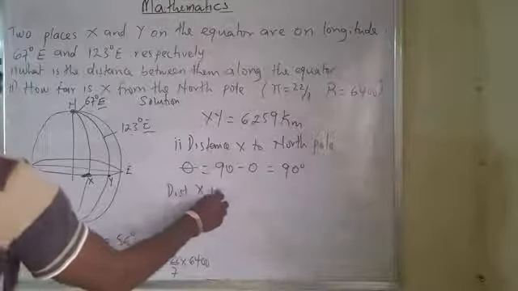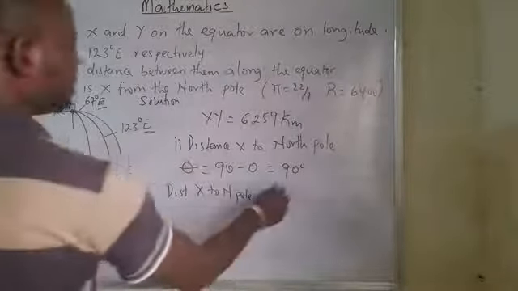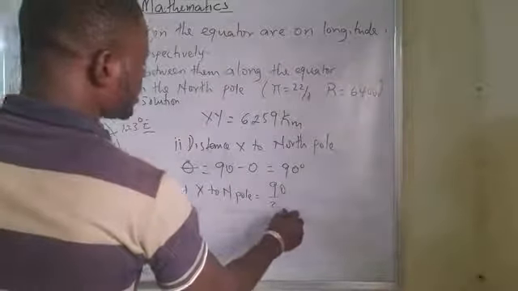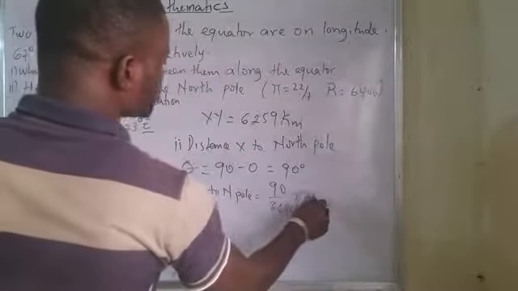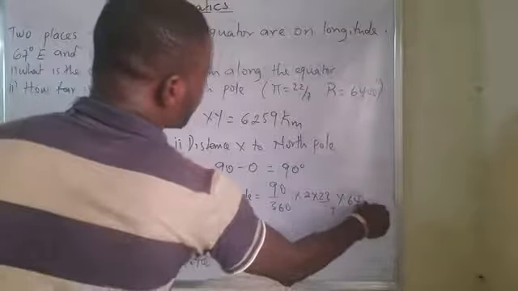The distance from X to the North Pole will be equal to 90 over 360 multiplied by 22 over 7 multiplied by 6,400.